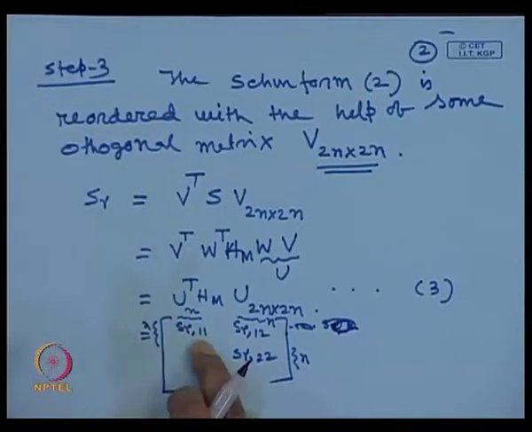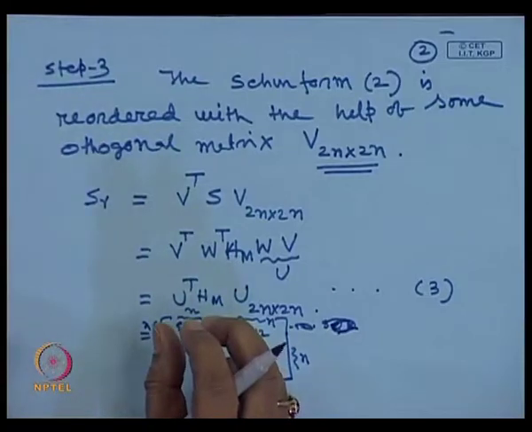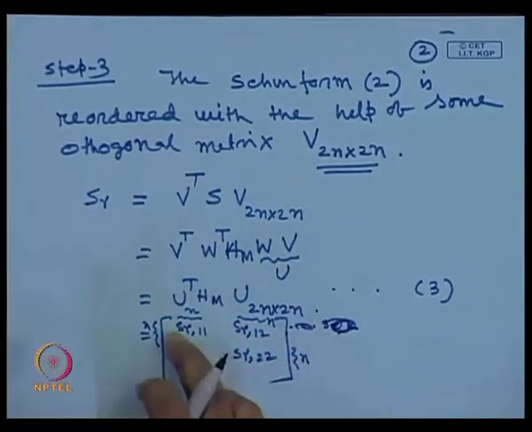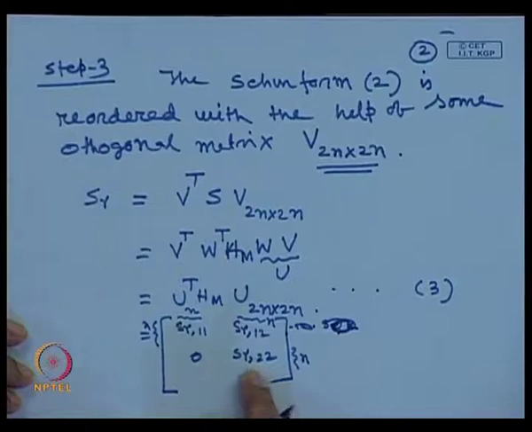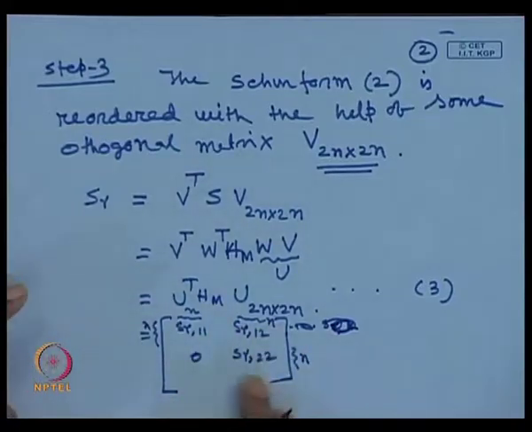Each block of SR 11 is either 1 by 1 or 2 by 2 matrix, and all eigenvalues of SR 11 are stable eigenvalues, and SR 22, all eigenvalues of SR whose dimension is n cross n, are unstable, with reverse sign of the stable eigenvalues of SR 11.